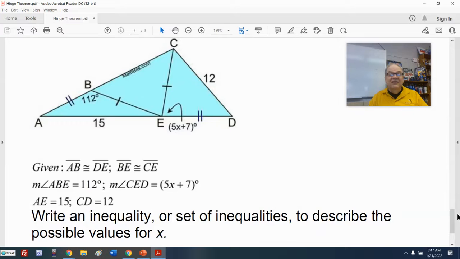Obviously 15 is bigger than 12. So I'd say that 112 is greater than 5x plus 7. If you solve that, you would end up subtracting 7 and dividing by 5. And in this case, we're going to get 21 is greater than x, or you could put it as x is less than 21.